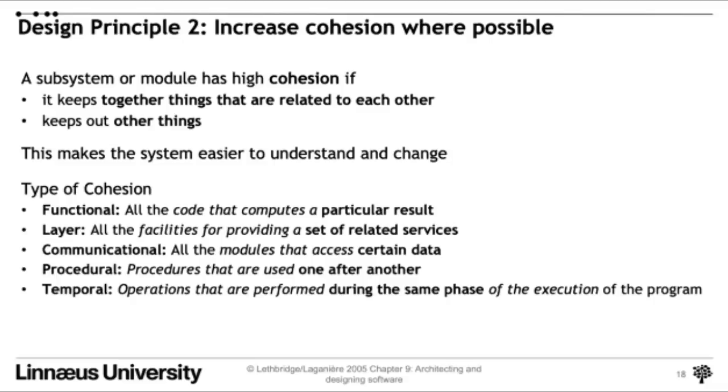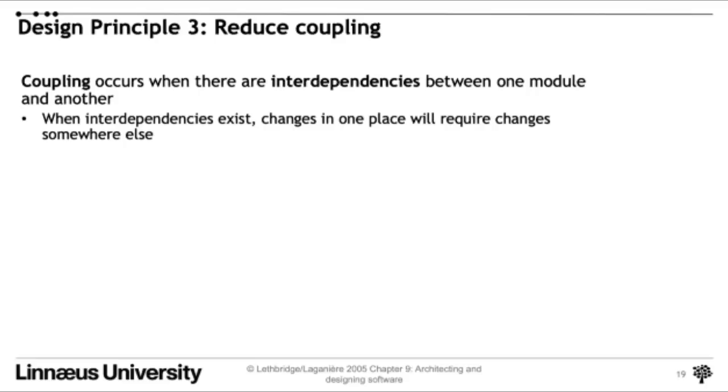What I suggest is to use layer and functional types of cohesion when you split your system, because this will also allow you to achieve other principles. For example, coupling. That's another really fundamental design principle, very important for achieving modularity, analyzability, and reusability that we discussed before. And that's something that we will discuss deeper in the next lectures.